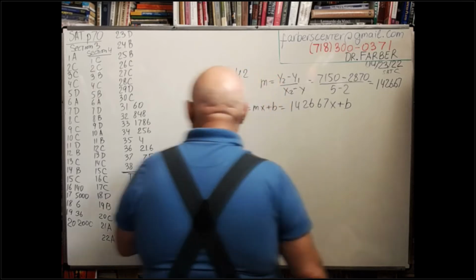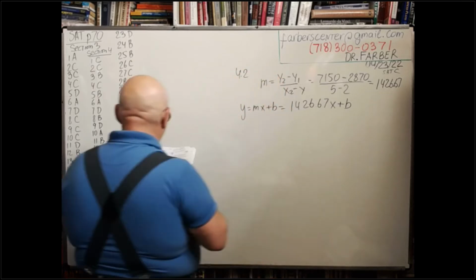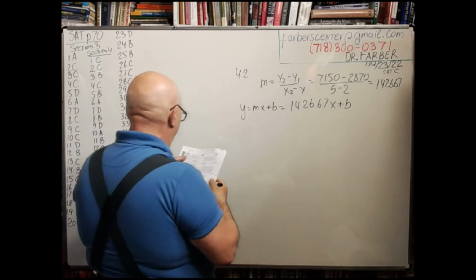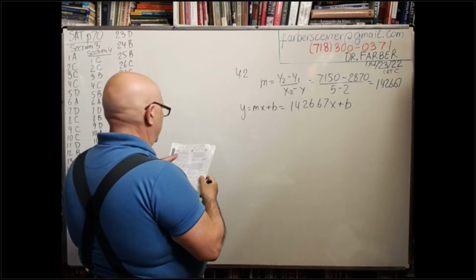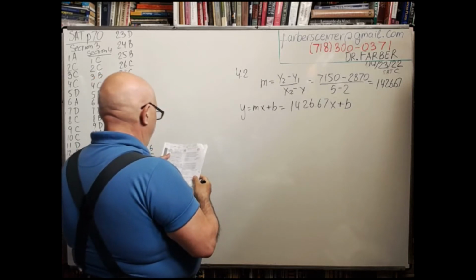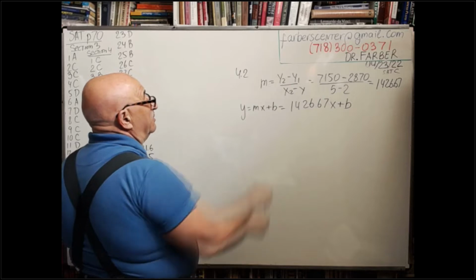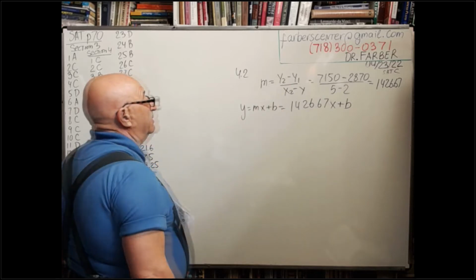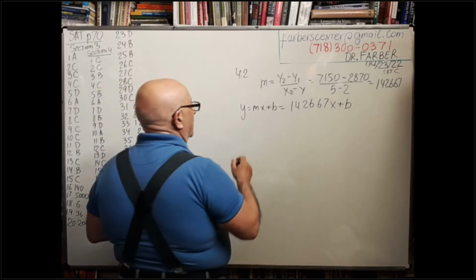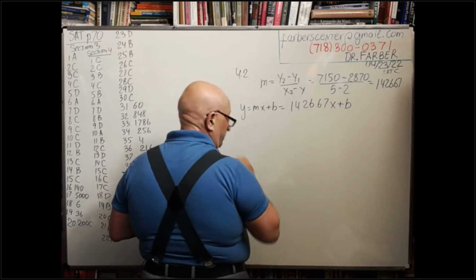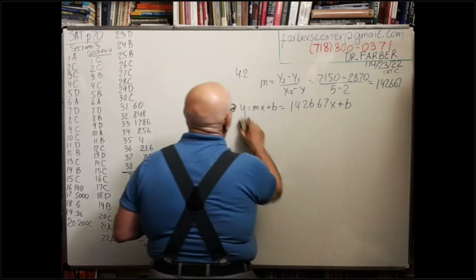In order to find b, look at what we have. Plug in some values. For instance, for 2 years, we have 2,870. So y equals f of x, right here, f of x.